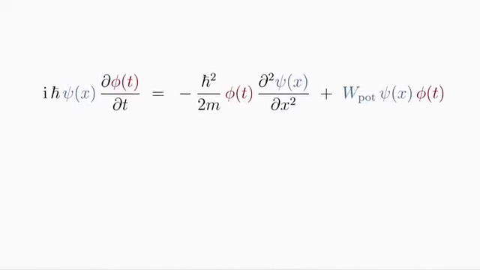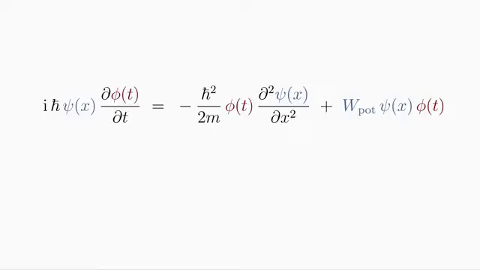You can make a little plastic surgery here. We know that phi of t only depends on time and that the psi of x only depends on space. You can imply this information by replacing the partial derivatives, noted with curved del, with the so-called total derivatives, noted with the regular d.